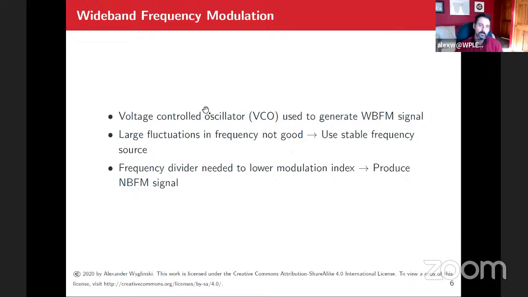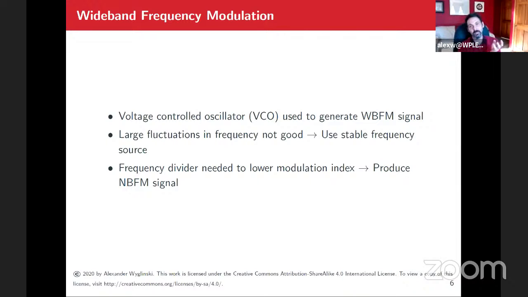Also, with respect to communication systems, what ends up happening is, when you have wideband frequency modulation, you can translate this information using a voltage-controlled oscillator.